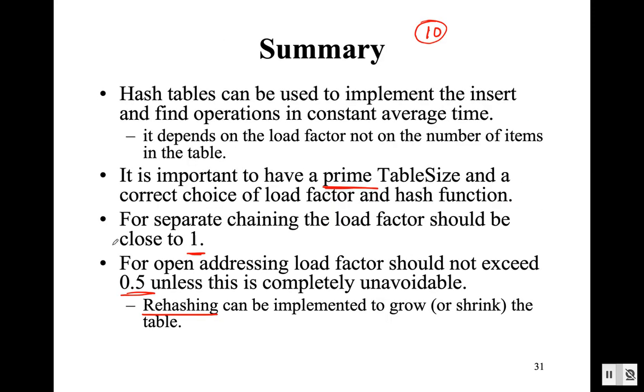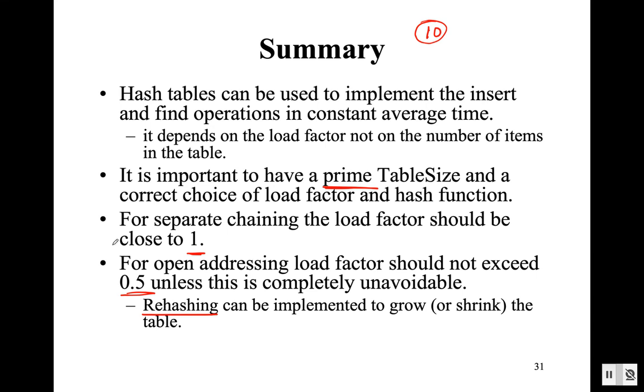As a summary, we talked about the hash table, what a hash table is, and how we do the hashing. Hashing gives us insertion and finding of an item in constant average time.